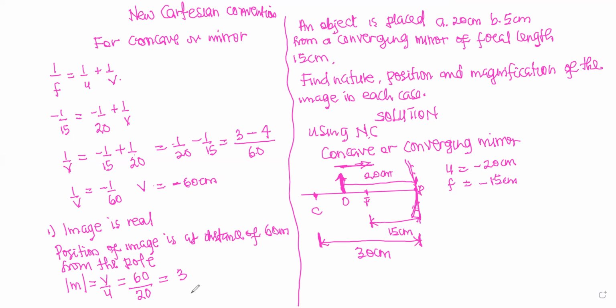Akosia Brako. Sir, please, it means the image is enlarged. Image is enlarged. Why do you think it's enlarged? Because it is greater than 1. Exactly. Magnification is greater than 1.